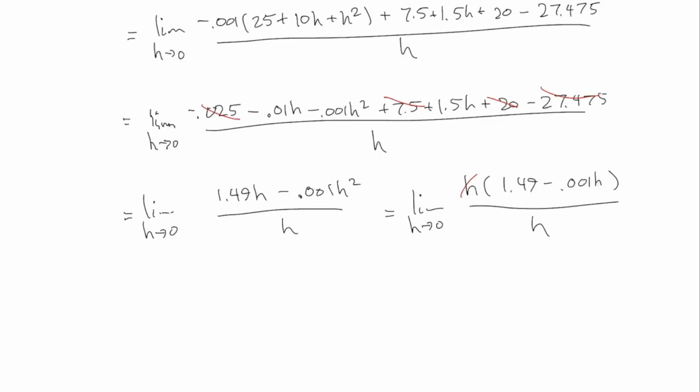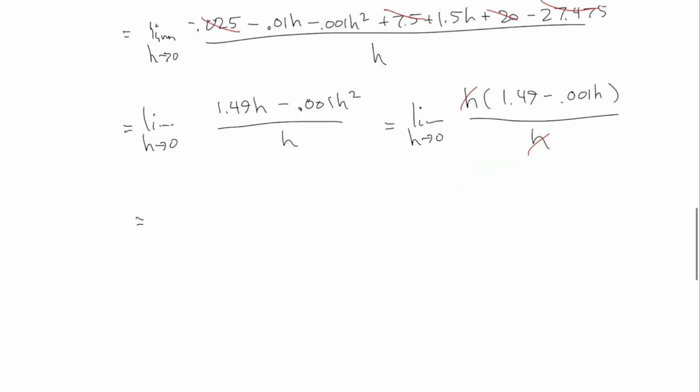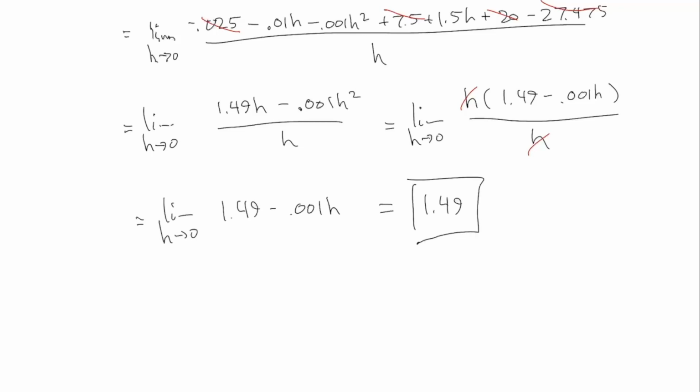Then cancel the h's finally. And we are left with just 1.49 minus 0.001h. And then we plug in h equals 0 to take the limit, and all that remains is 1.49. That's the answer.